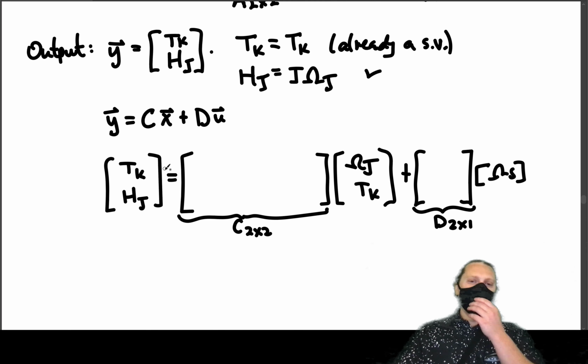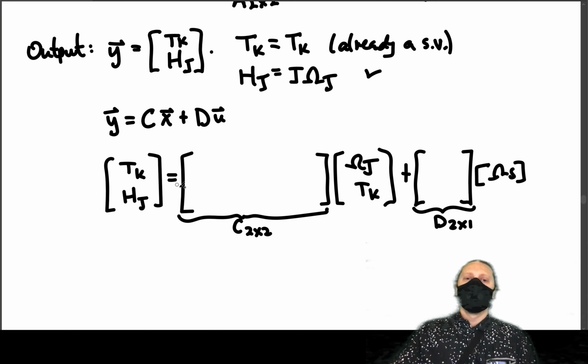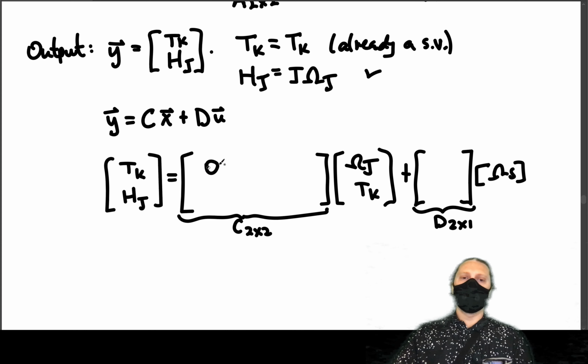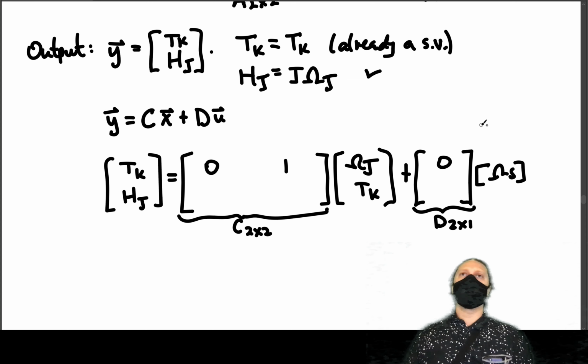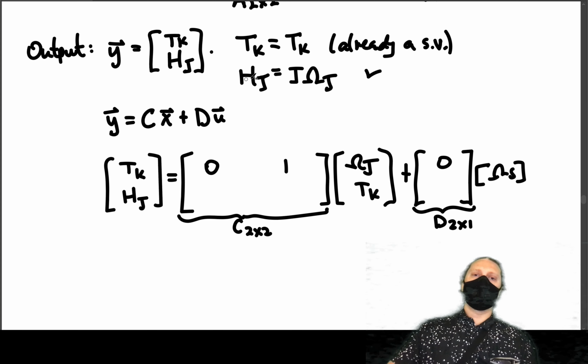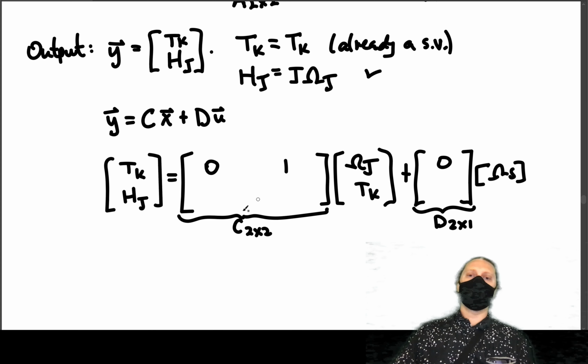So we've got this output equation. We're ready to fill it in. The C matrix, we're going to transcribe this first equation into it. Tk equals Tk. So 0 omega j, 1 Tk, and 0 omega s. The second equation is Hj equals j omega j.